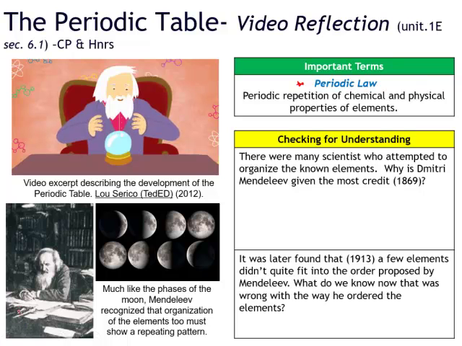So we saw a video about Dmitri Mendeleev, who is dubbed the father of the periodic table, and it's not because he made the first list or the second list or that he organized the elements known at the time. It's the fact that he noticed that there had to be a list in which a repeating pattern occurs among the characteristics. And this is an idea of what we call a periodic law, a repetition of chemical and physical properties.